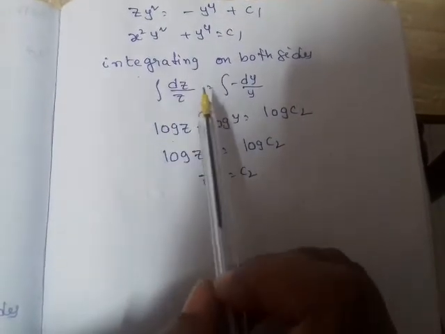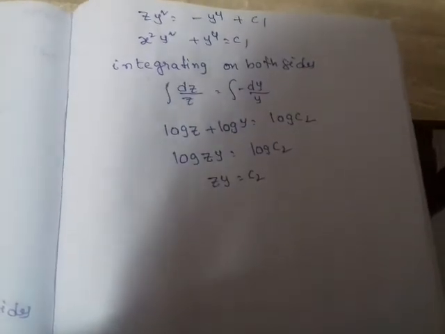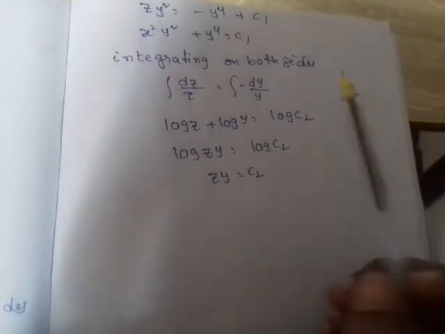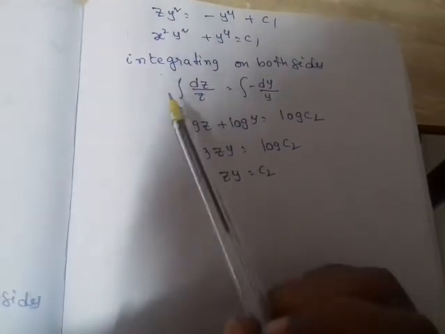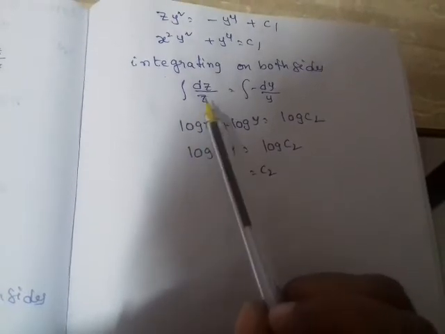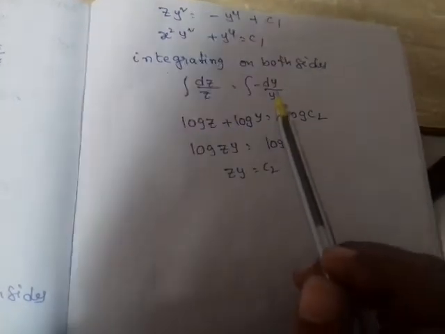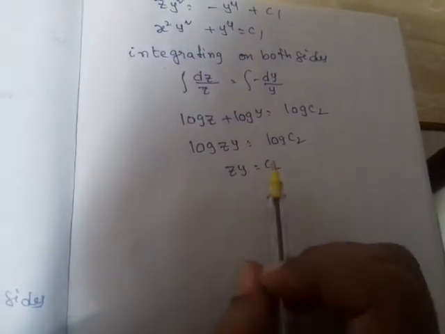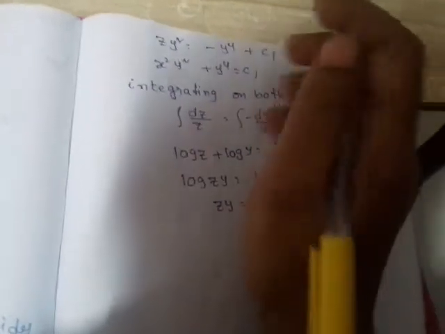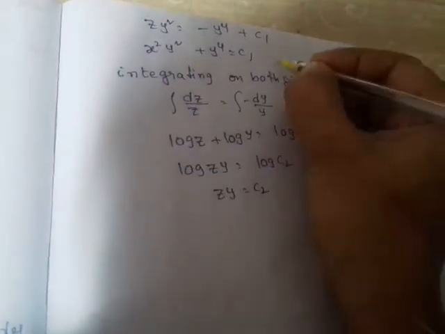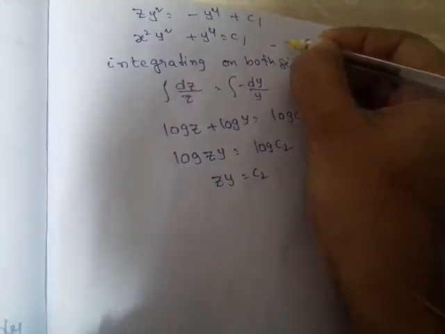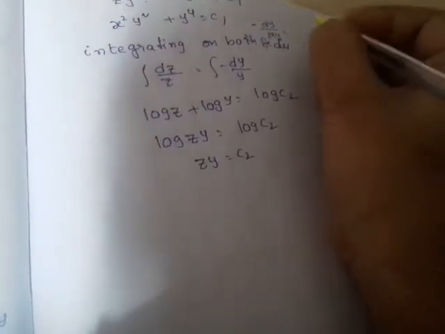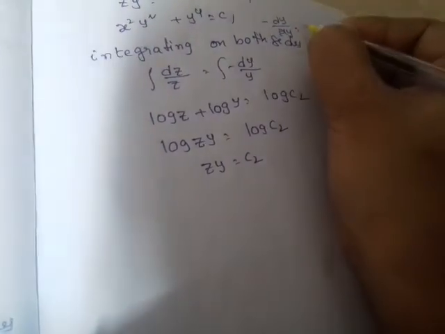Now again we consider dz by z, because here we are considering the last two terms: minus dy by xy is equal to dz by xz.